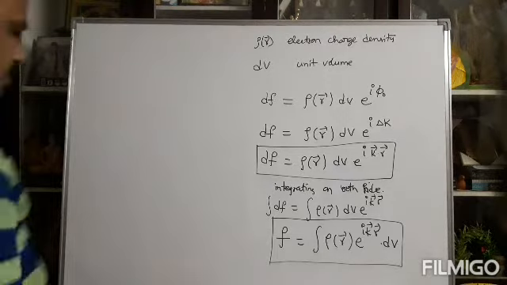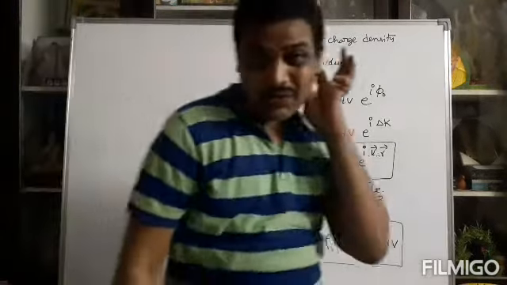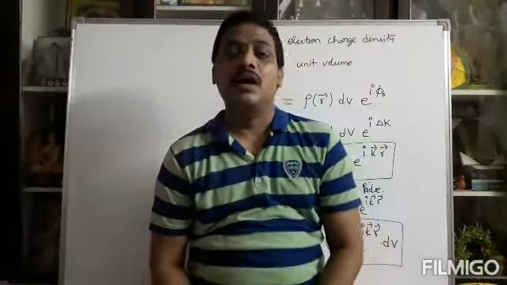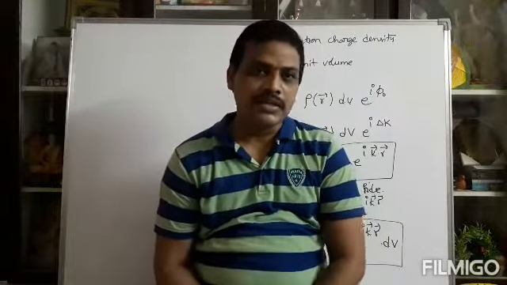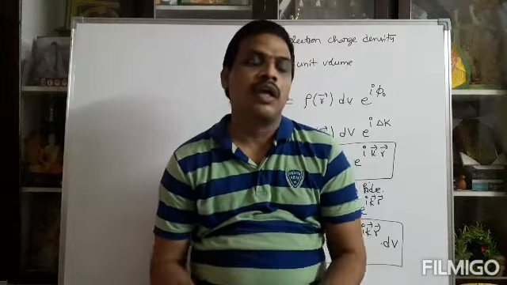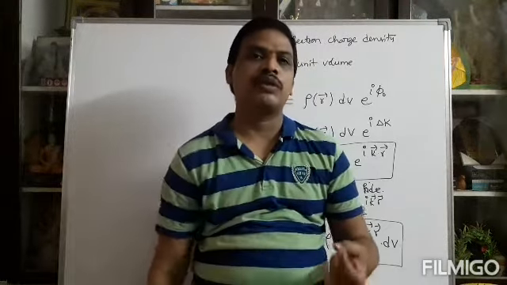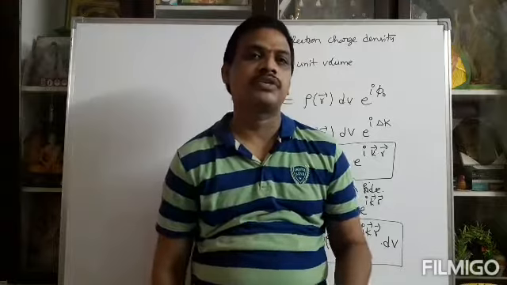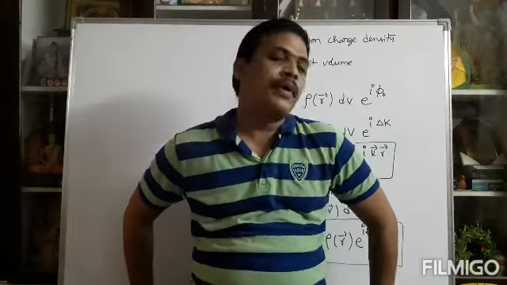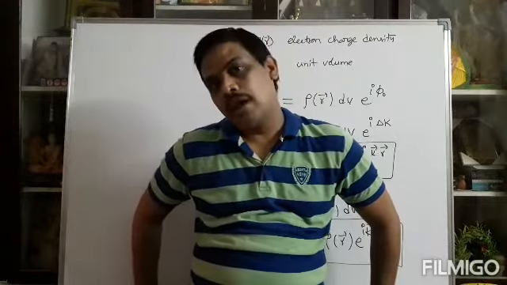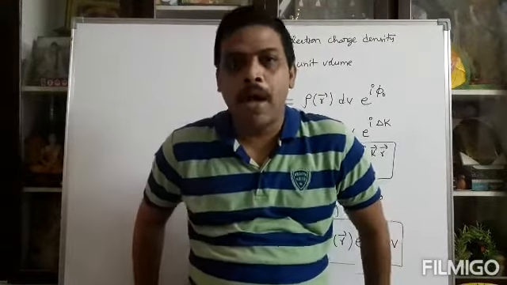Each and everyone knows Fourier transformation. This Fourier transformation occurs in MMP, Mathematical Methods of Physics: Laplace transformation, Fourier transformation, integral transformation. A number of transformations occur in numerical methods and the MMP paper.